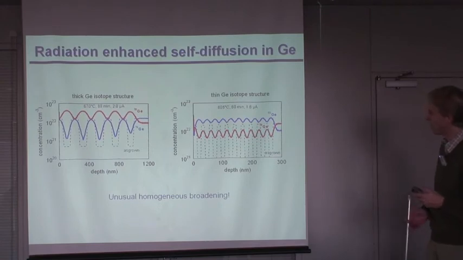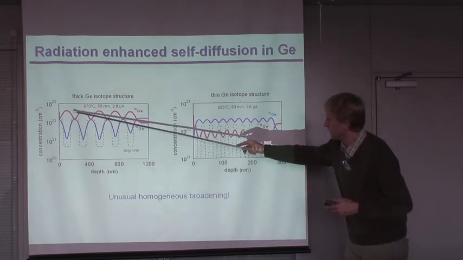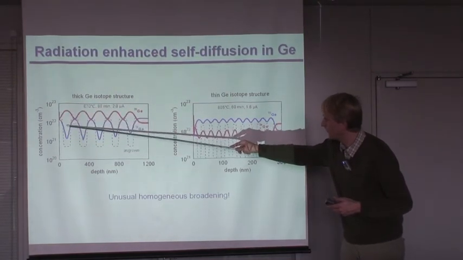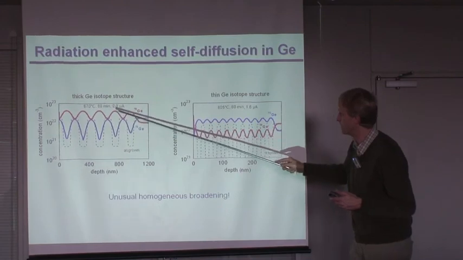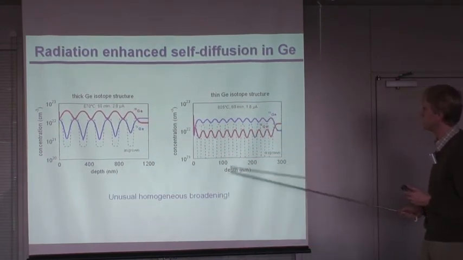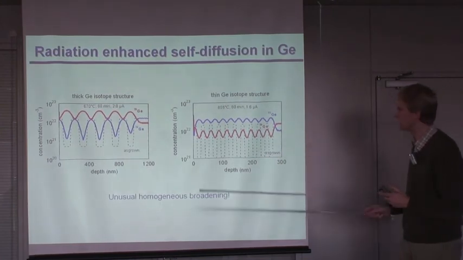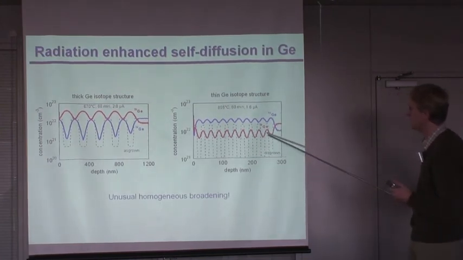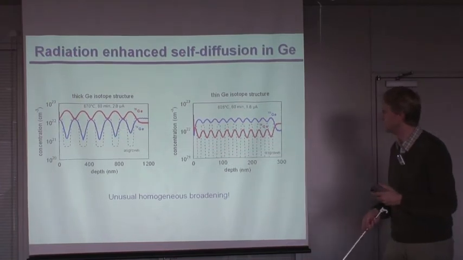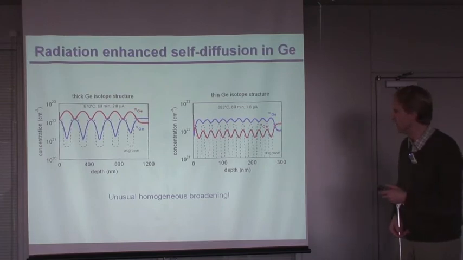But what you notice already is that the broadening after irradiation at this temperature and time, for the thick isotope structure and also for the thin isotope structure, is homogeneous. So you get the same broadening here and there. It looks like self-diffusion under normal thermal equilibrium conditions.